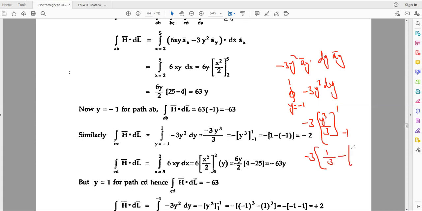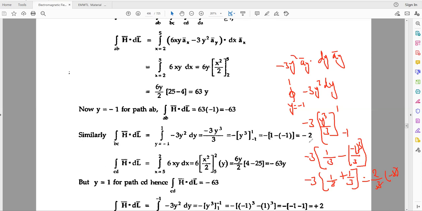So minus 3 into 1 cube by 3 minus minus 1 cube by 3. It becomes minus 3 into 1 by 3, and minus 1 cube gives a plus 1 by 3. There is no other multiplication, so directly we get 2 by 3 into minus 3.